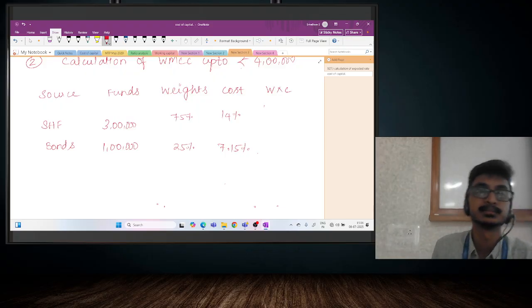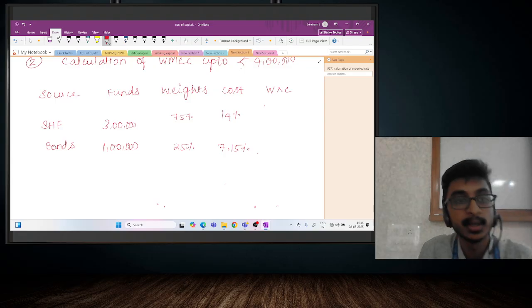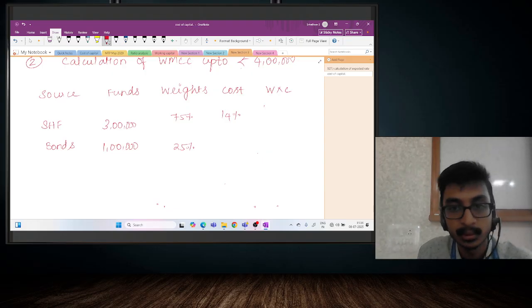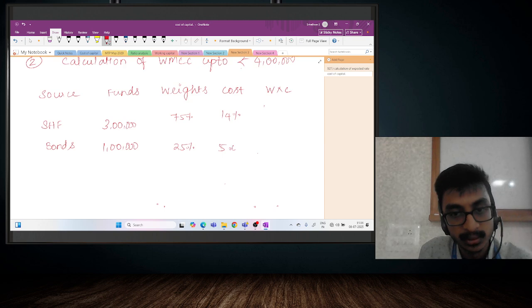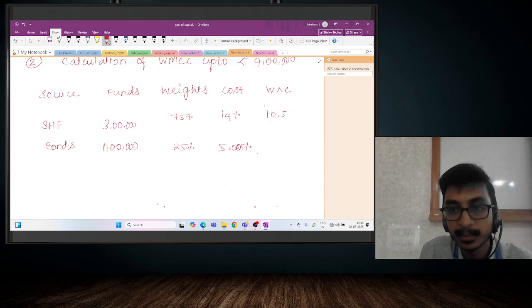How much do we get? Oh sorry, yeah, we have to take 7.15 into 1 minus 0.3. So we get 5.005%. How much do we get? 10.5%. Then 1.25%. So totally it is 11.75.